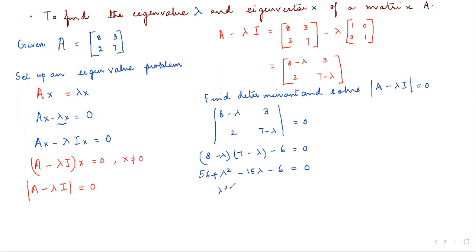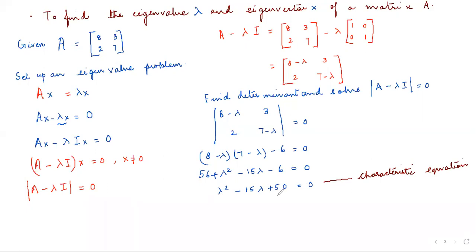This gives an equation which is a quadratic equation in lambda. We call this a characteristic equation.